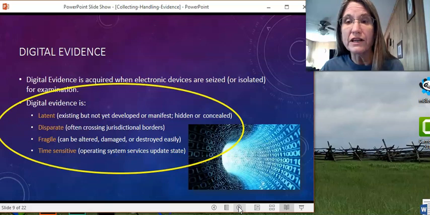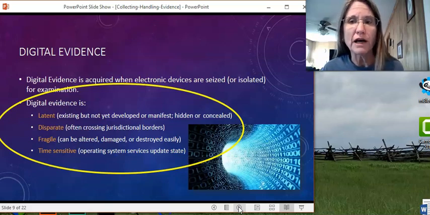So this could apply to data that would be in server log files, packet analysis across the network, things that we just do not see every day, but can still be of utmost importance to an investigation.